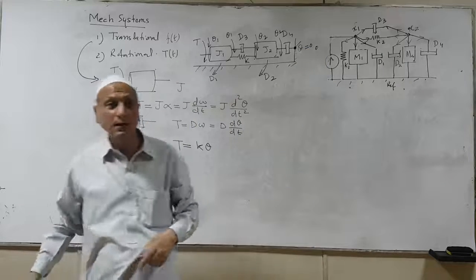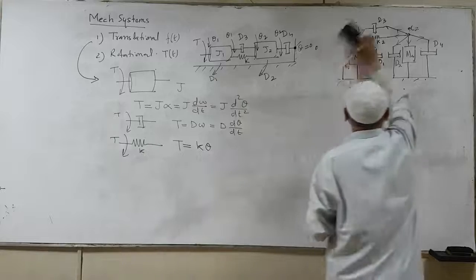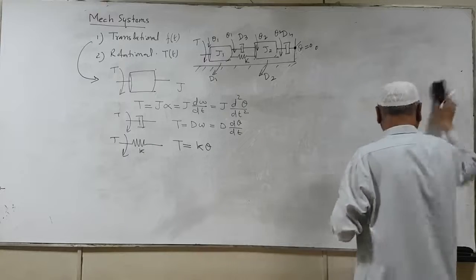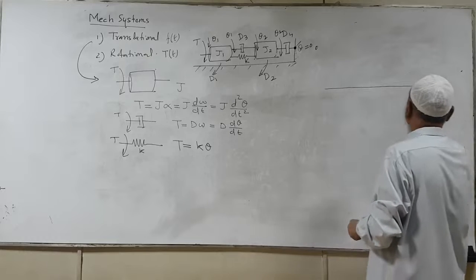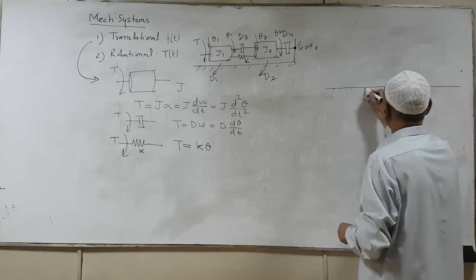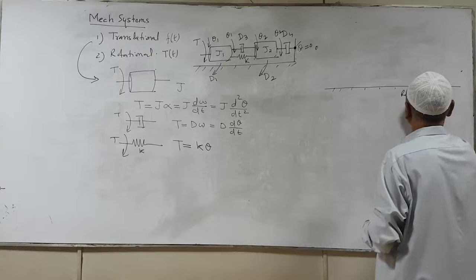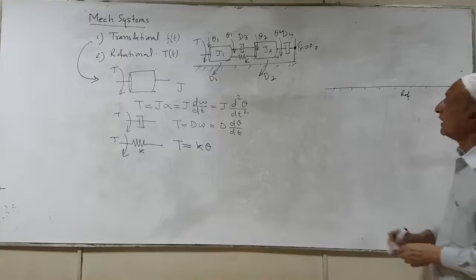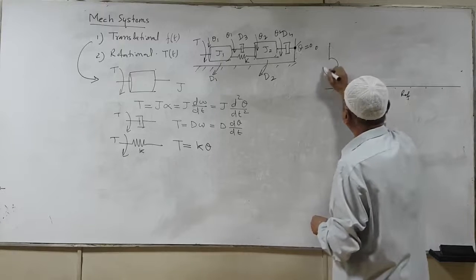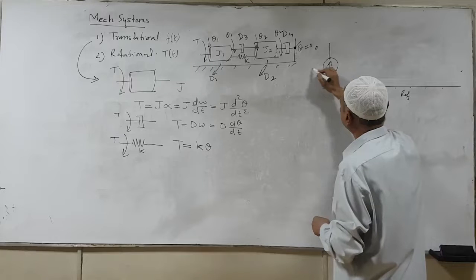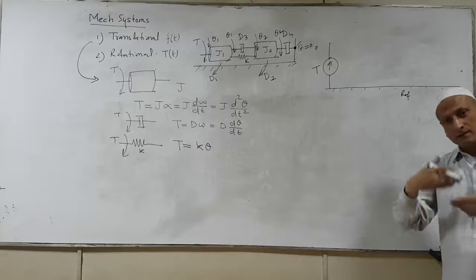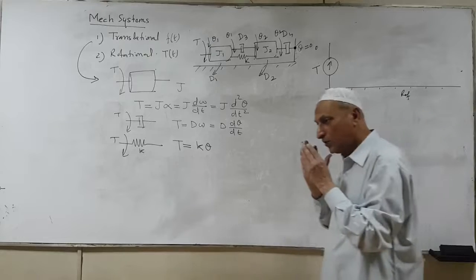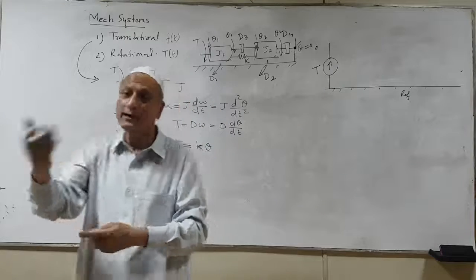So let's form the equivalent mechanical network. The formation is very similar to what we have been doing in the translational case. We draw a reference line, and then we designate a torque with the same source. It doesn't make any difference. You don't need an arrow, but the arrow says that the torque is acting on that side.